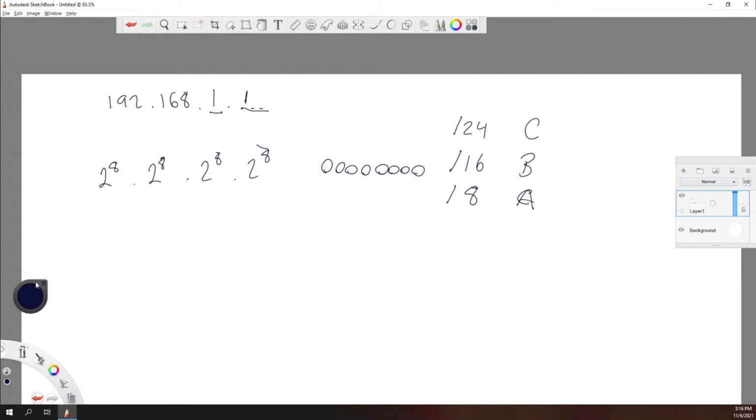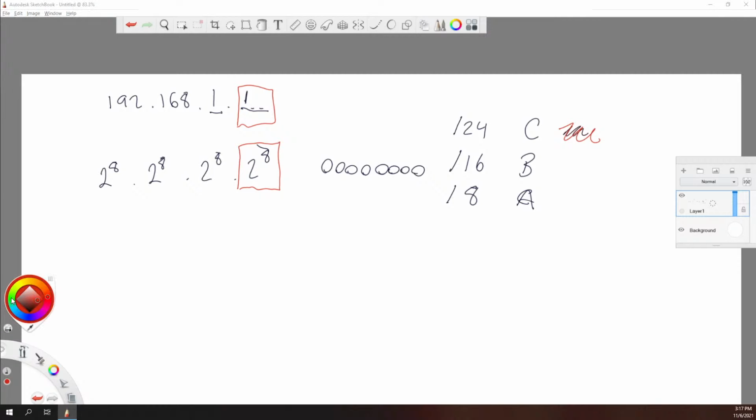If we look at this in different colors, as I close my color puck, let's redo that. If we were looking at a C, that portion of the address would be part of the host.